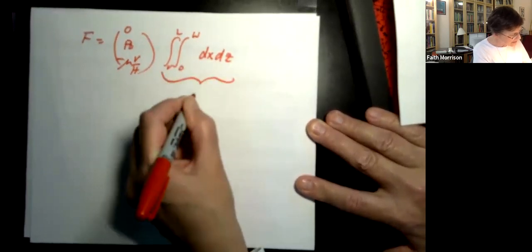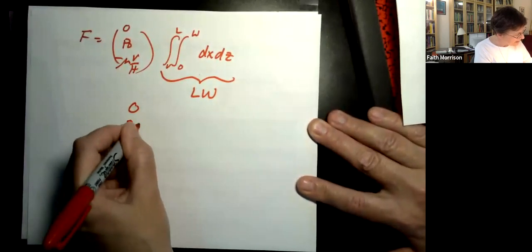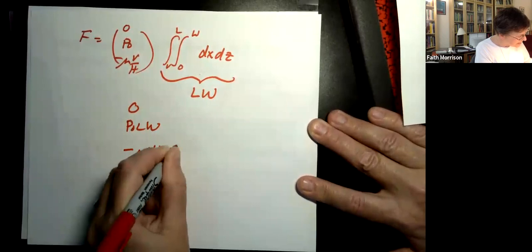And these just give me L and W, and I get 0, p naught L W, minus mu V L W over h.